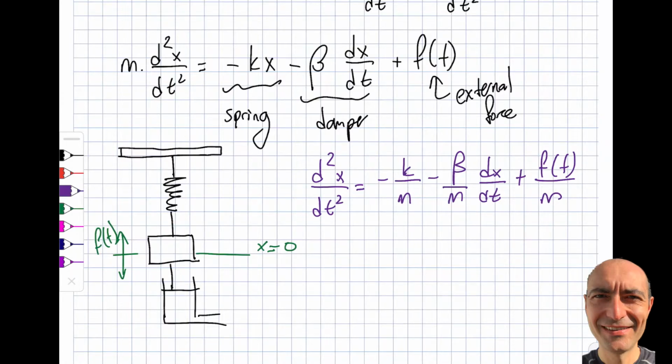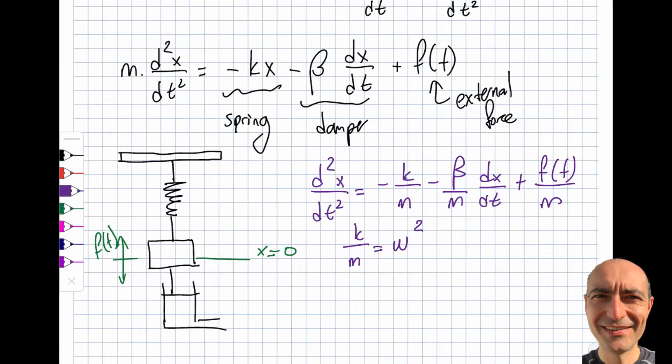And we have specific terms for these. I'm going to call k by m omega squared. You may ask me, why is there a square over here? Well, that's by convenience. You may remember that we were talking about sine omega t, the harmonic oscillation and all. So for us to be on the same page, we put this over there, okay?